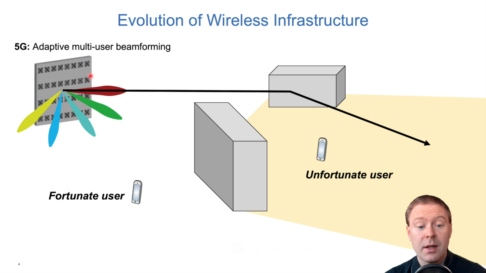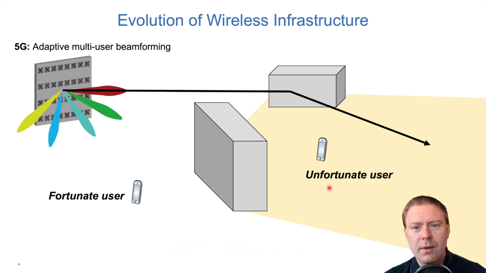And in particular, then when we want to serve this user, we can form a beam towards this building here so it then is reflected or scattered around the corner and reaches this user. It's not ideal, but we get the strongest signal at that location or at any other location in the cell than you would get with a fixed beam antenna.